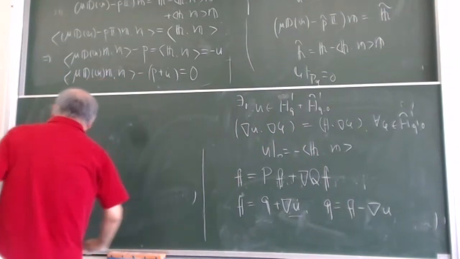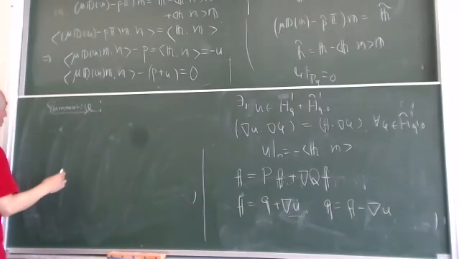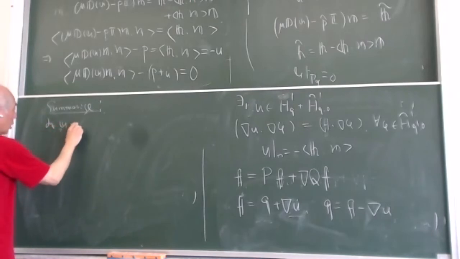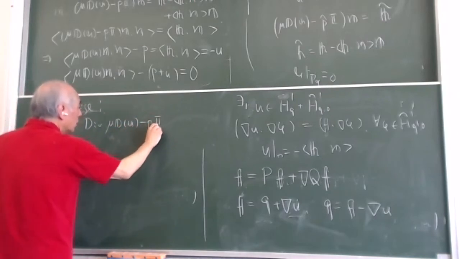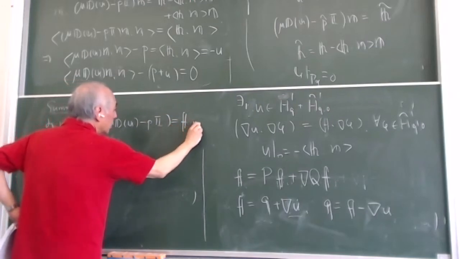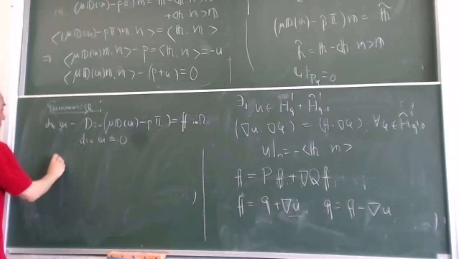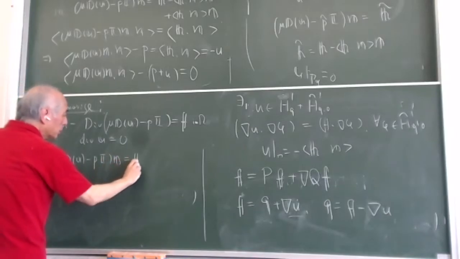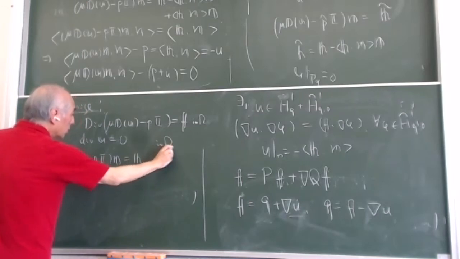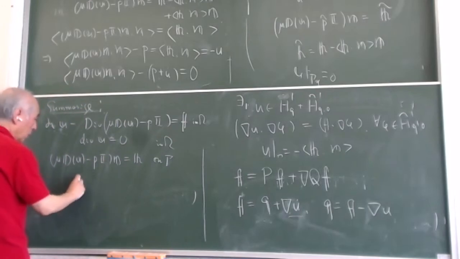So, in some sense, to summarize, the main equation for us is dtu minus div mu du, or minus pi, equal to f, and then div u equals 0, and then mu du pi is equal to h on gamma, and u on gamma d.